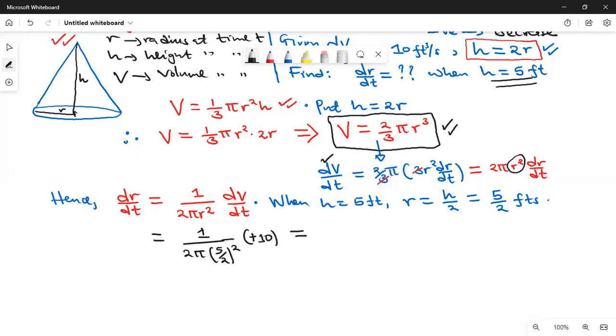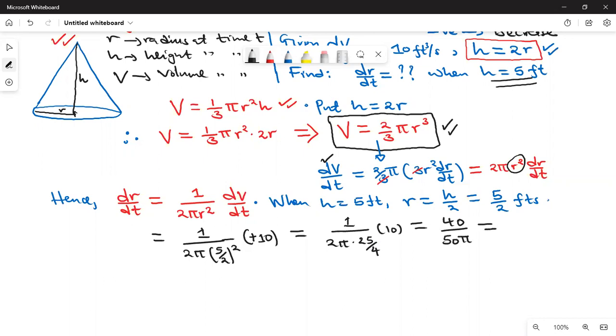When you work out, this will be the same as 1 over 2 pi times 25 over 4 times 10, which is the same as 40 over 50 pi.